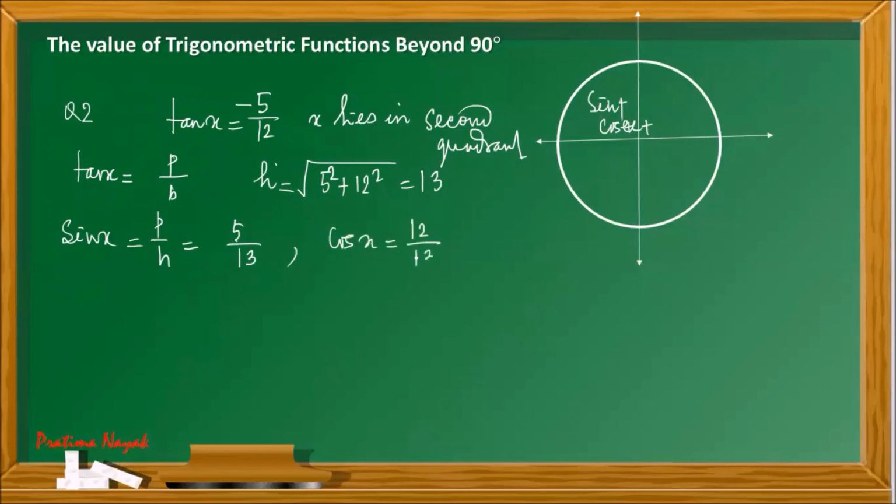It will carry a negative sign because in the second quadrant it is negative. Then your cot x is equal to minus 12 by 5. Then your sec x is equal to minus 13 by 12. And what about cosec x? Yes, it will be positive.